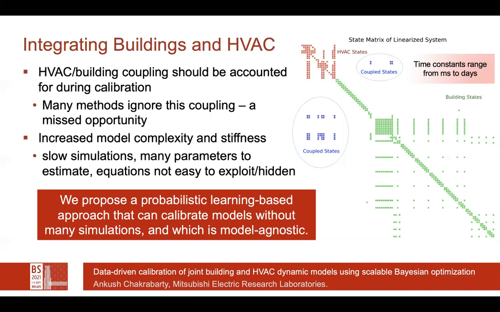So adding the HVAC means you're increasing model complexity and typically increasing numerical stiffness. And in fact, an eigenvalue analysis of this matrix will show that the time constants of these dynamics range from milliseconds all the way up to days. So it's very slow to simulate this system typically. There's also more parameters to estimate because the HVAC subsystem is in there explicitly.